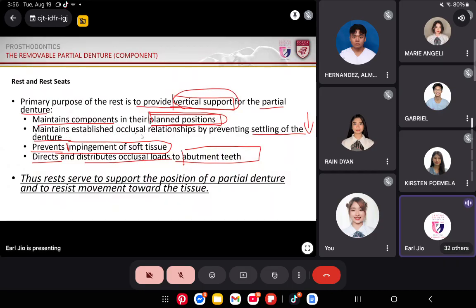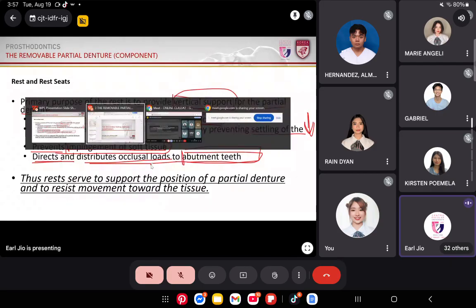It maintains and establishes occlusal relationship by preventing settling of the denture or pagbagsak ng postiso. Thus, it should prevent impingement of the soft tissue and direct and distribute occlusal load to the abutment teeth. Rest serves to support the position of partial denture and to resist movement towards the tissue.